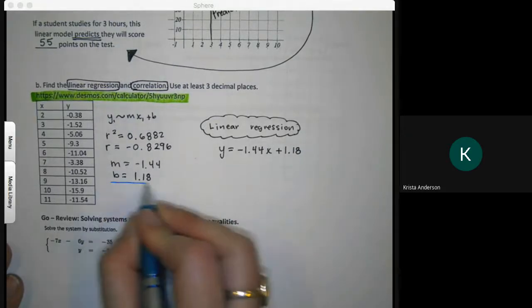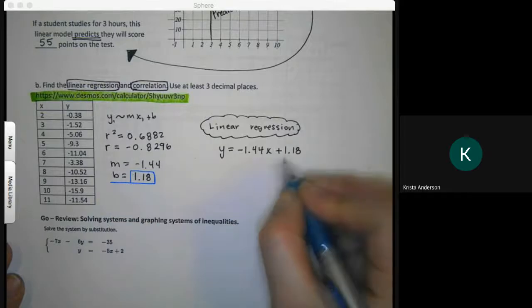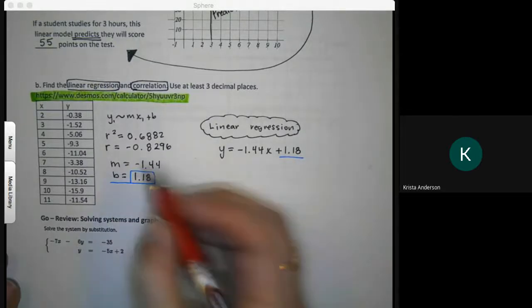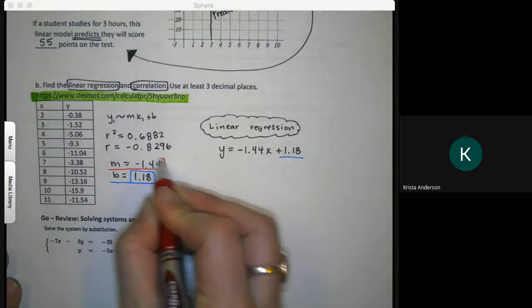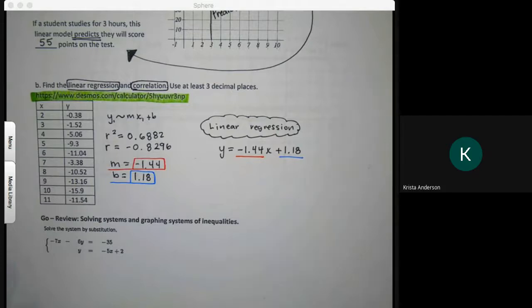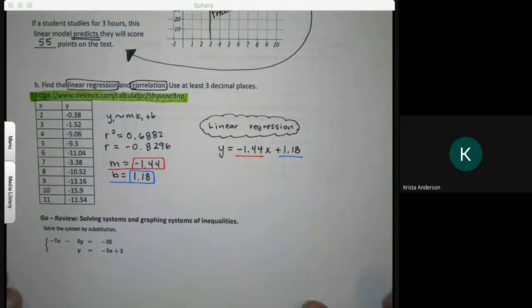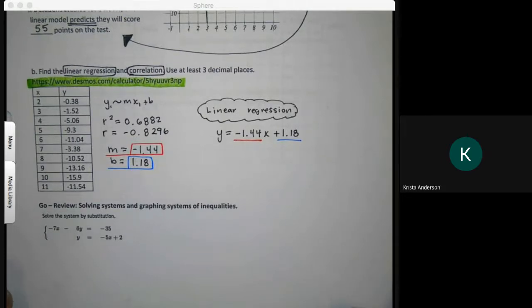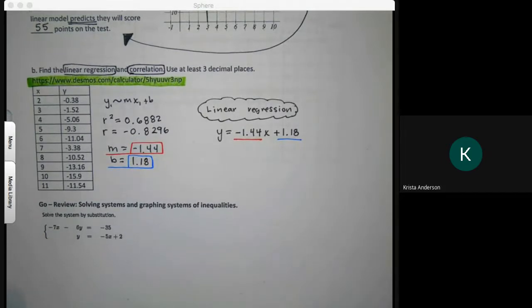So this piece right here, I filled in for b. This m, I filled in right here for my slope. And I didn't need to round it because it only had 2 decimal places.